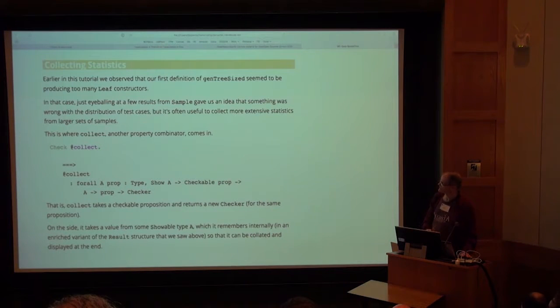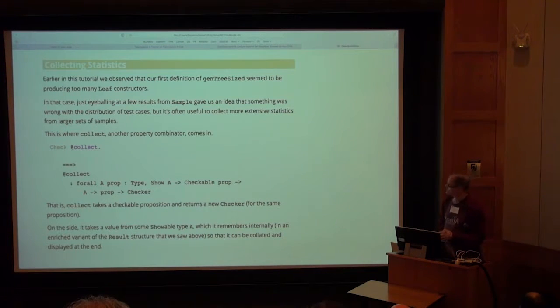Here's a slightly different topic, but very useful. A few slides ago, we observed that the first definition that we gave for genTree sized generated too many leaves. And in that case, it was pretty easy to see that it was generating too many leaves. In other cases, it can be a little more subtle to see that the distribution is not tuned the way you want it. And it's useful to have the ability to collect statistics in a more rigorous way.